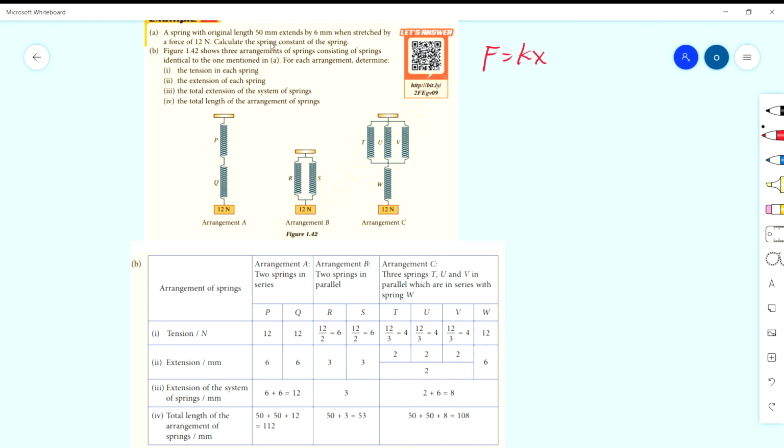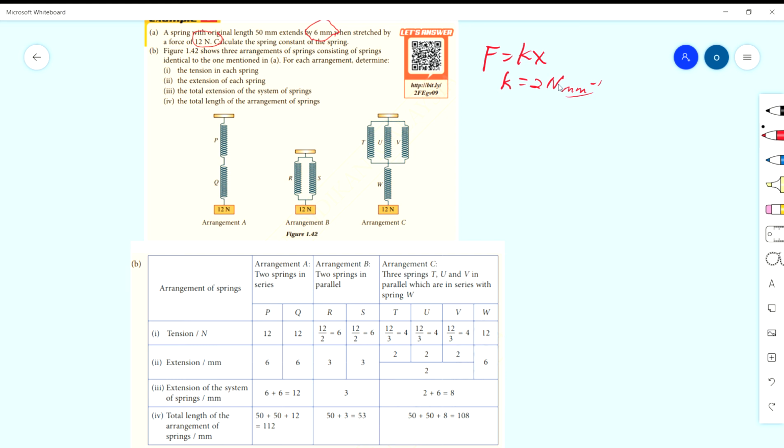So calculate the spring constant, so you get the K. We have here 12 and 6. So extend by 6, the force is 12, so your spring constant will be 2 Newton, in this case per millimeter.